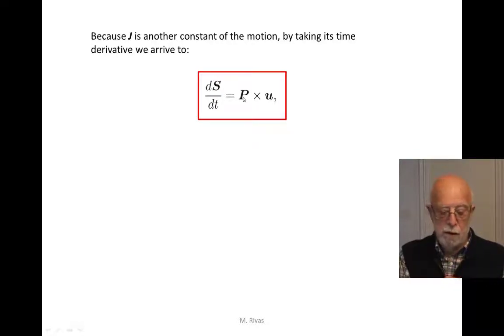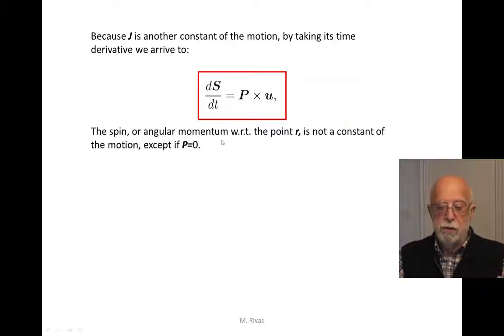So this object, the angular momentum with respect to the point R, is moving along its endpoint. Its endpoint is moving along a plane orthogonal to the direction of the center of mass velocity, to the direction of the linear momentum. So the spin with respect to the point R is not a constant of the motion except if P is equal to 0.